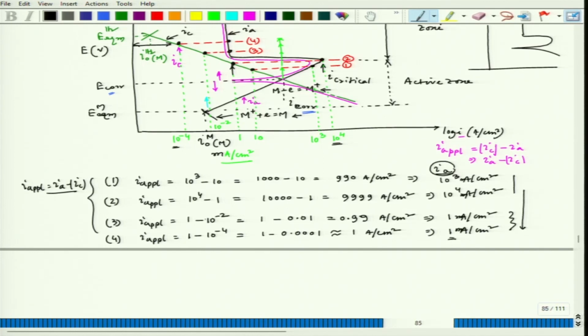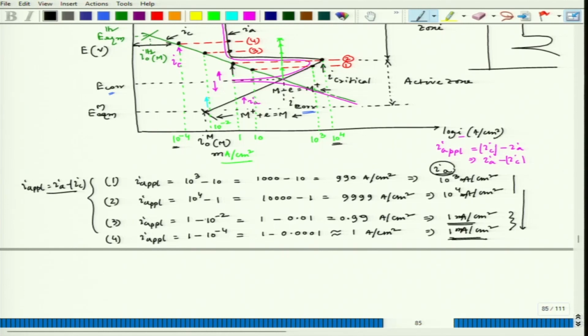Now, we could see that there is an enormous decrease in the requirement of applied current if we can take the potential to the stable passive zone and maintain it there for a longer duration. The material would dissolve at the rate corresponding to this value, which can be a very small quantity. So, this is the very principle of anodic polarization.